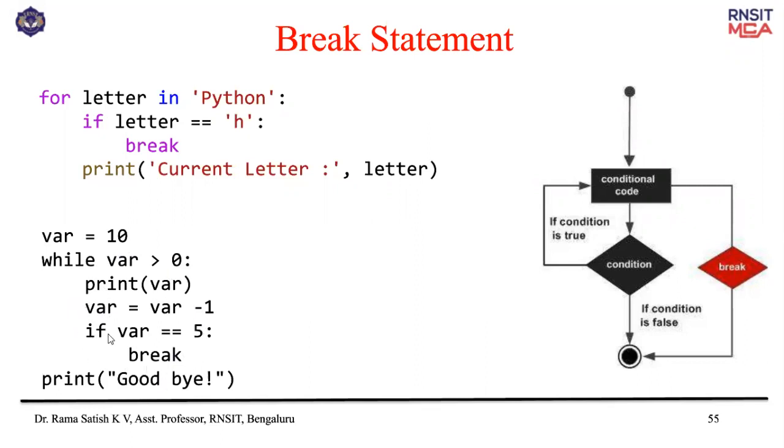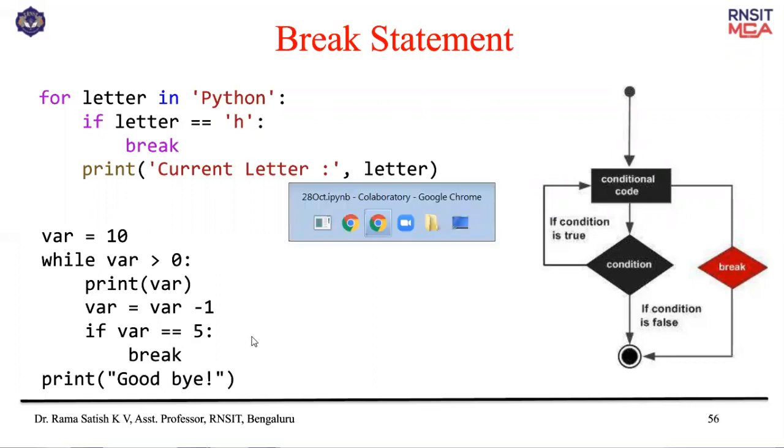When it becomes 5, the loop breaks. That means the control will go out of the loop and it will print goodbye. So it will print 10, 9, 8, 7, 6, and it will say goodbye.